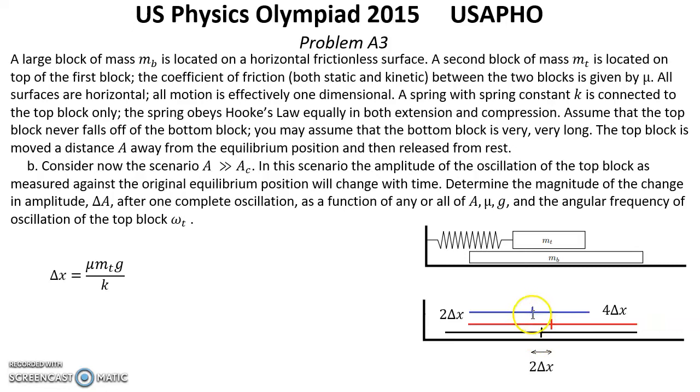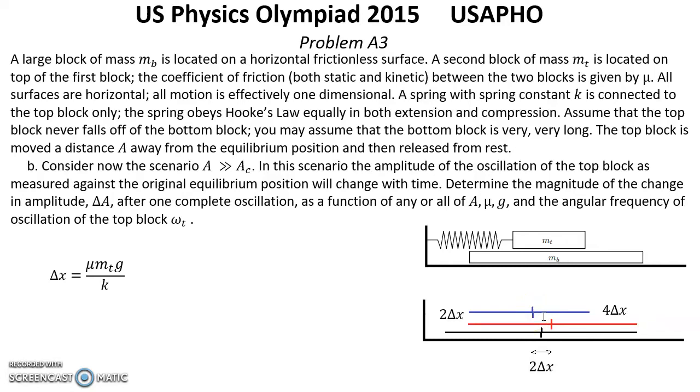It means that the total amplitude, when it's moving to the right, will be shortened by 3 dx, and it will stop 3 dx less from this position of equilibrium.